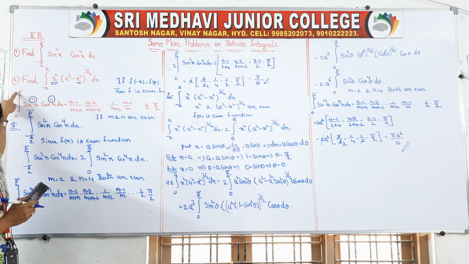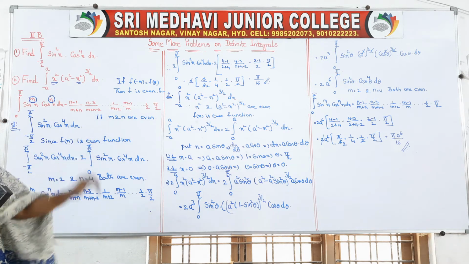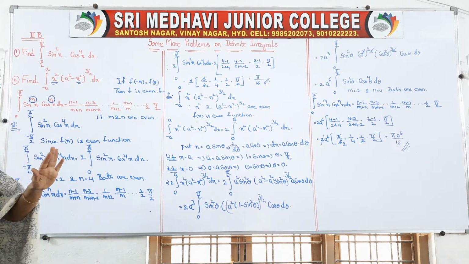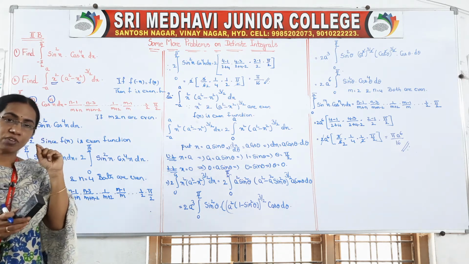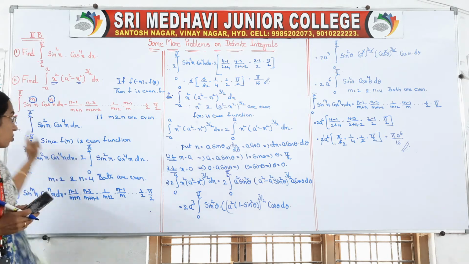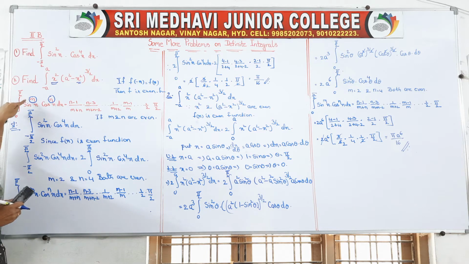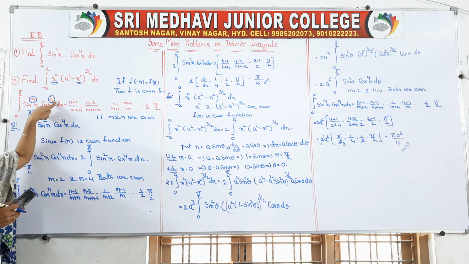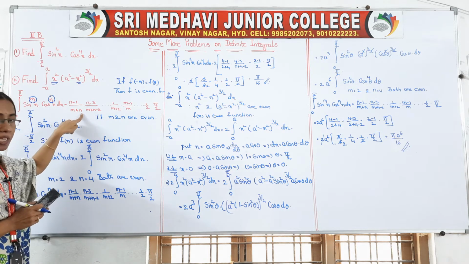In these formulas the upper limit should be pi by 2 only, then only we can apply the formula. The limit values must be from 0 to pi by 2. And you have to consider the sin power as m and the cos power as n, and start with n minus 1 by m plus n.